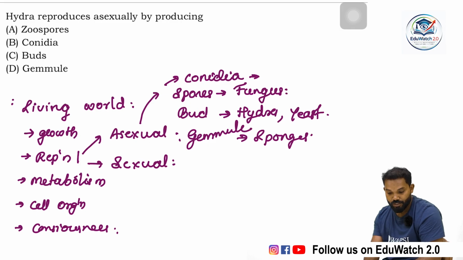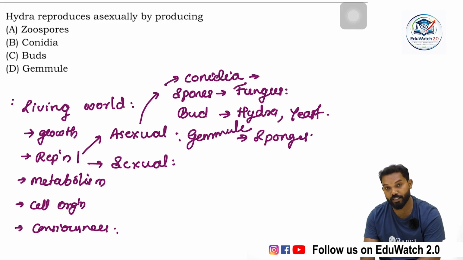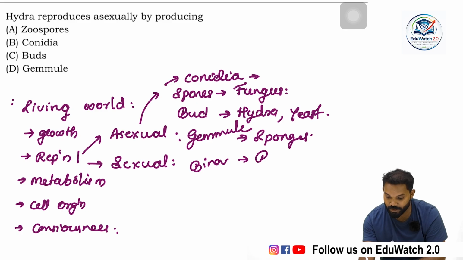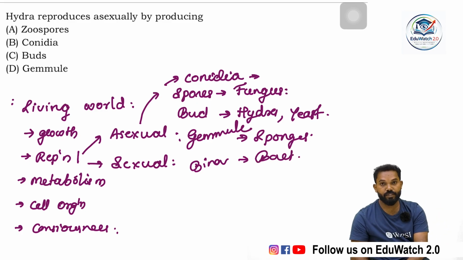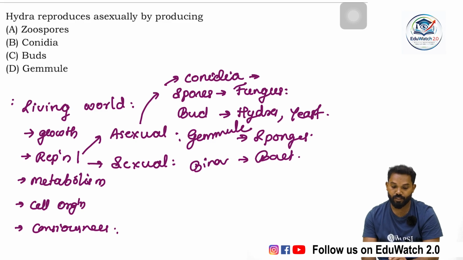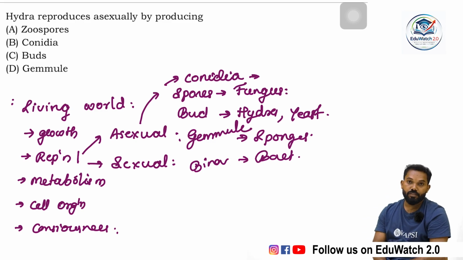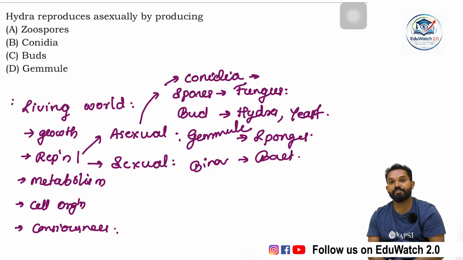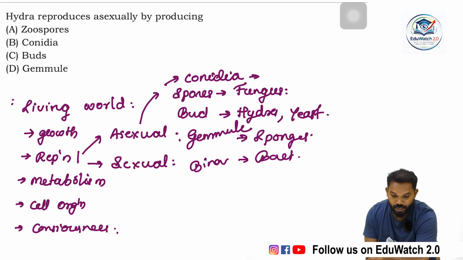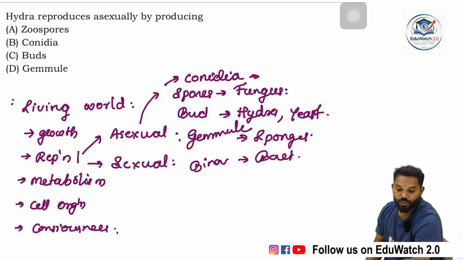So there is gemmule formation, bud formation, spore formation, binary fission. Bacteria or yeast-like organisms reproduce by binary fission or cell division. So many primitive or smallest organisms reproduce asexually by different means such as spore formation, budding, gemmule formation, etc.